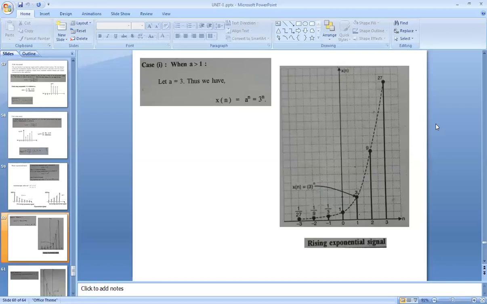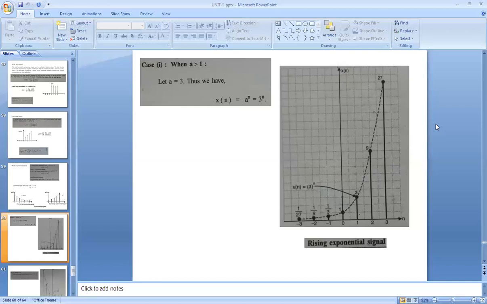And again, if you go for negative values of n, when n is equal to minus 1, x of minus 1 is equal to 3 raised to minus 1, which means 1 by 3. 1 by 3 is plotted over minus 1.